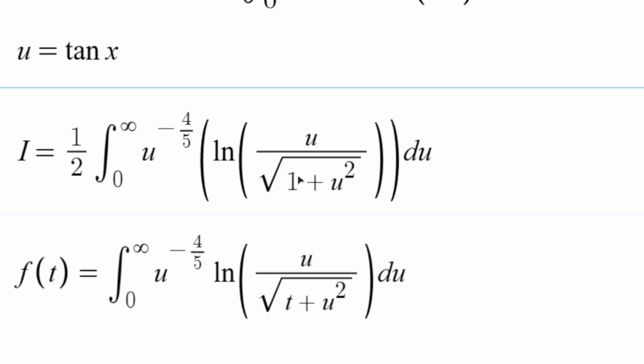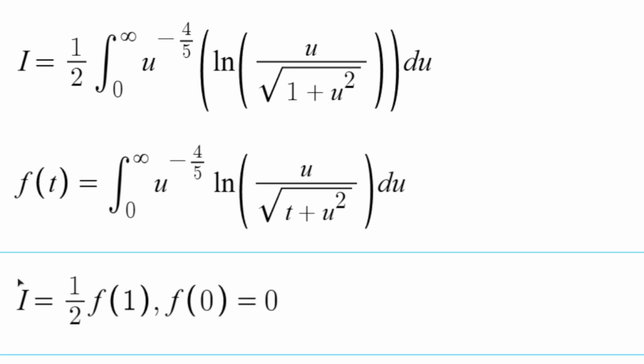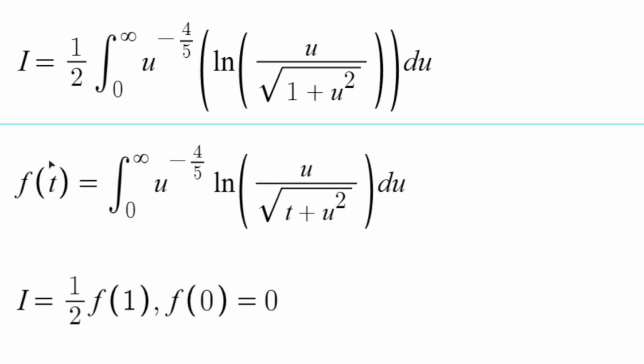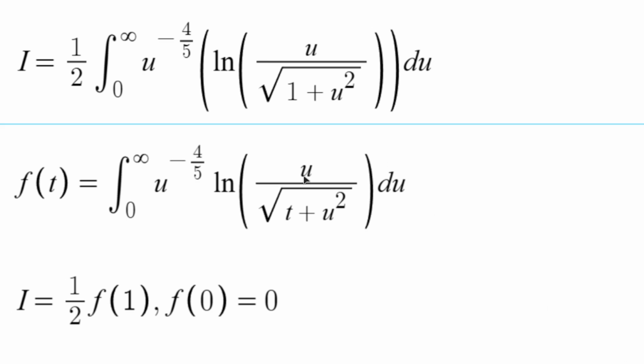And you can see that all I did was replace this 1 with a t. And I excluded that factor of 1/2 in front also. But from this, we can see that our original integral, our target integral, is 1/2 of our function of t evaluated at t equal to 1. And you can see pretty clearly that f of 0 is going to give us 0.